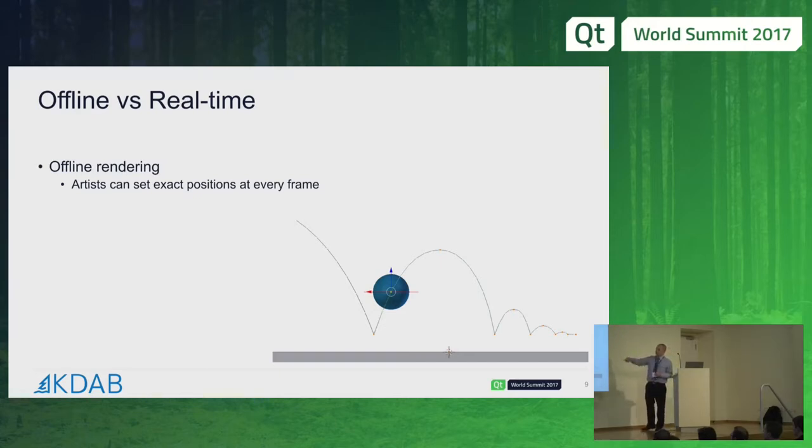They set them at specific points in time, and then the computer interpolates in between. But the point is, the artist can control these interpolation angles and things to make sure that these intermediate points line up exactly on the frame boundaries where they wish them to. And with offline rendering, it's quite common that an animation will be authored and used just once for a specific scene in a specific movie or something.